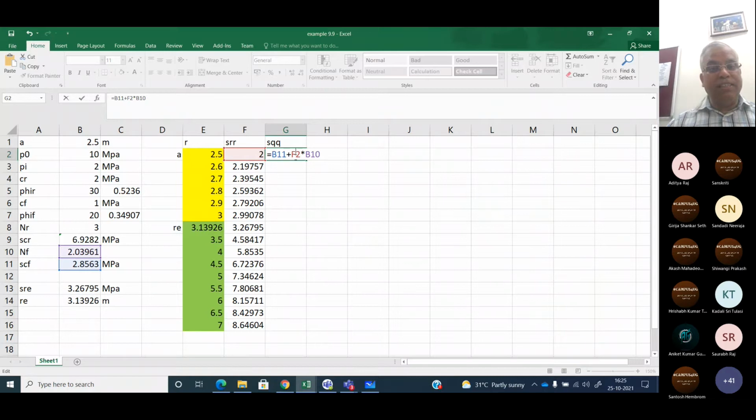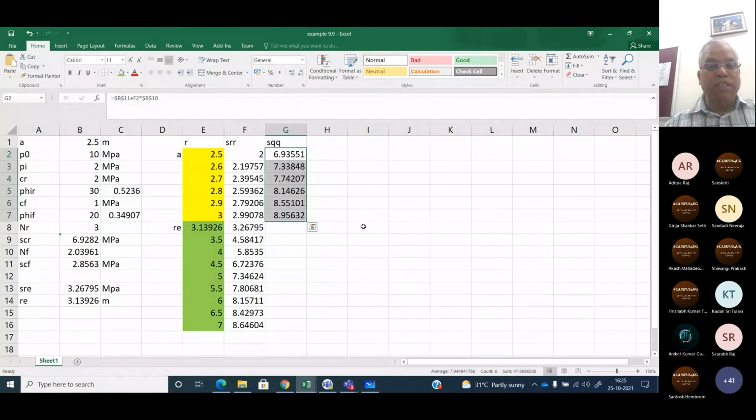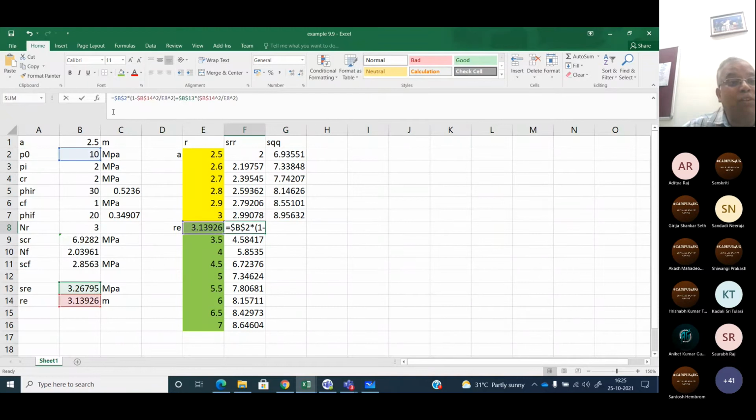So this one is the only variable, the rest all I have to fix. Now this will be sigma theta theta, and I will do it up to this. Okay, and then this is the elastic one. So let me copy this one. It is very easy because I do not have to type again. So this one is plus and that one is minus.